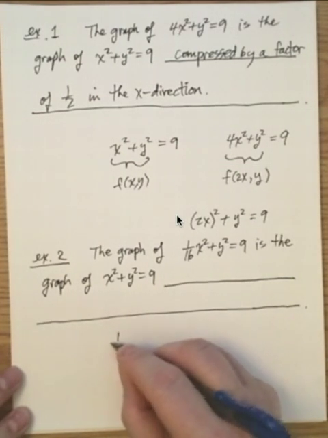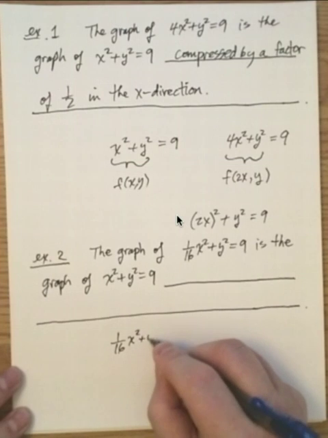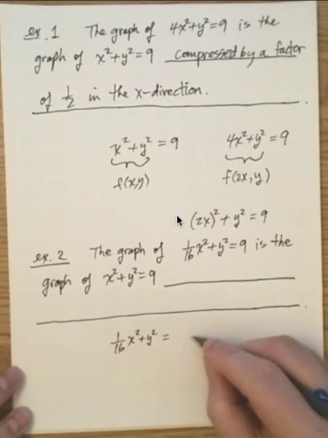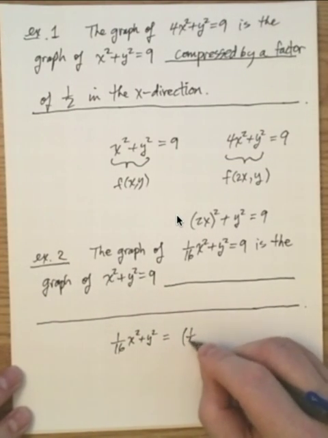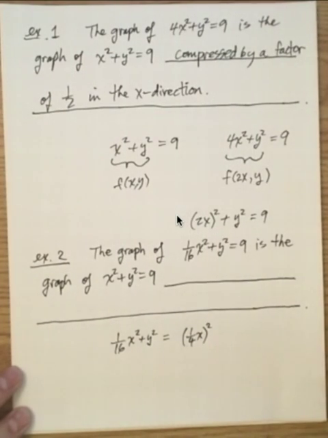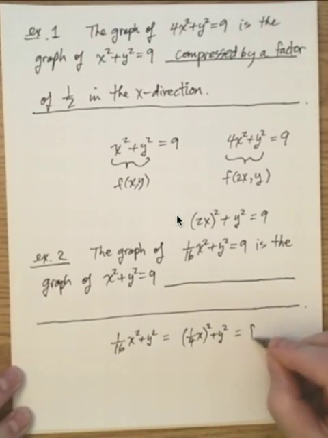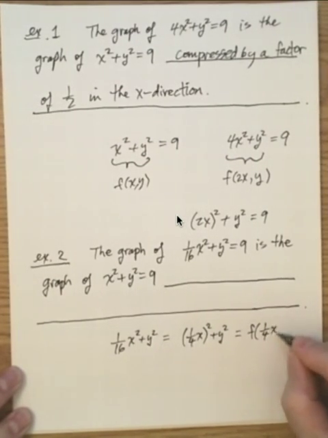Do you guys see that 1/16 x squared plus y squared would actually be 1/4 x, quantity squared, plus y squared? So that is really the function f at 1/4 x comma y.